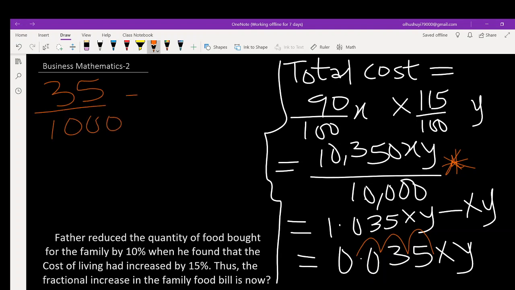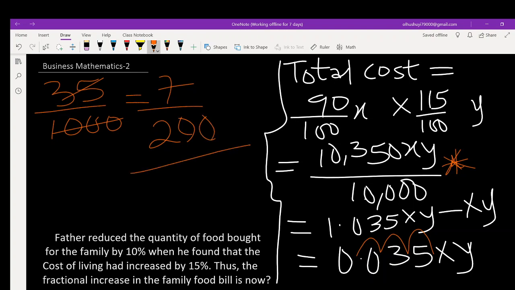You don't need the XY again. We all know that the XY is the cost of living in terms of the units they buy. So simplifying, that will be 7 over 200. So the answer is 7 over 200 in terms of ratio.